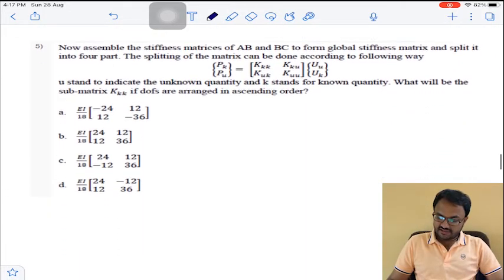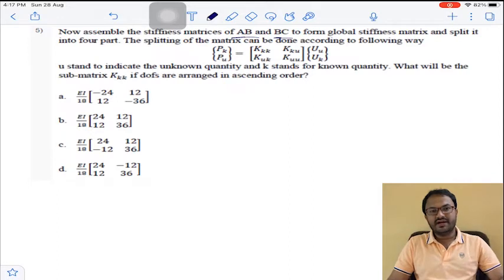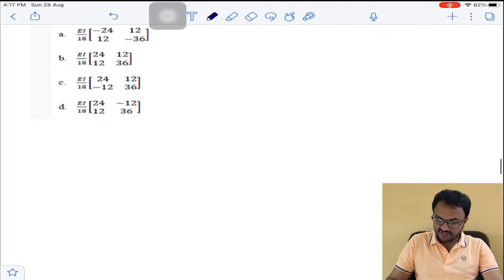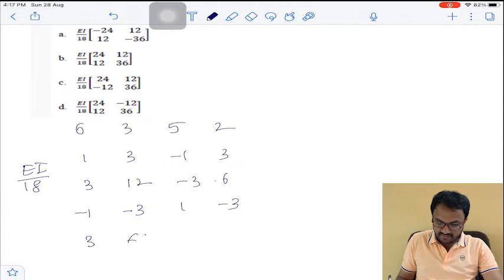Now we need to assemble the stiffness matrices AB and BC. So we need to assemble both stiffness matrices for AB and BC. So the stiffness matrix for 6, 3, 5, 2 is EI by 18: 1, 3, minus 1, 3; 3, 12, minus 3, 6; minus 1, minus 3, 1, minus 3; 3, 6, minus 1, 12.